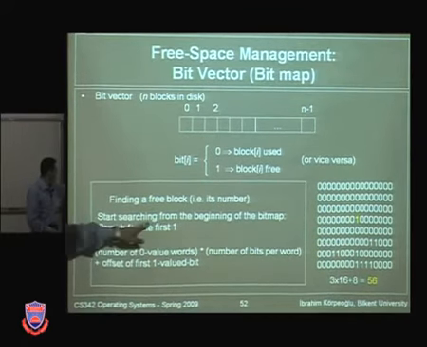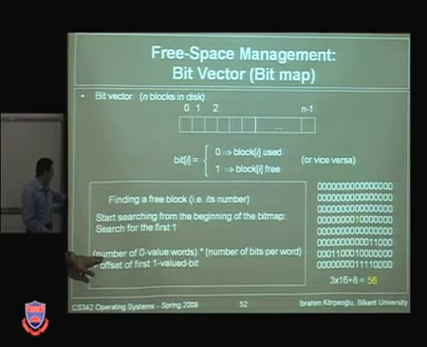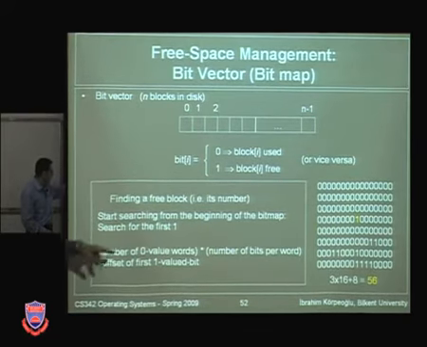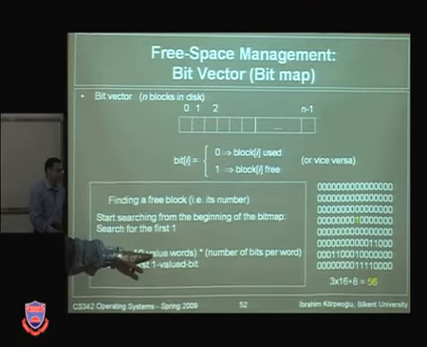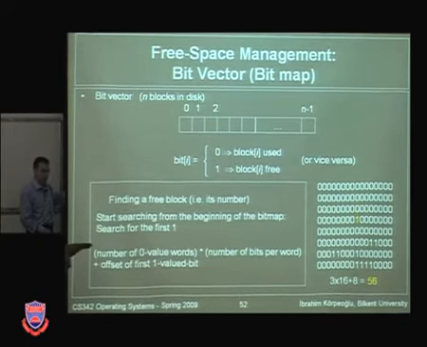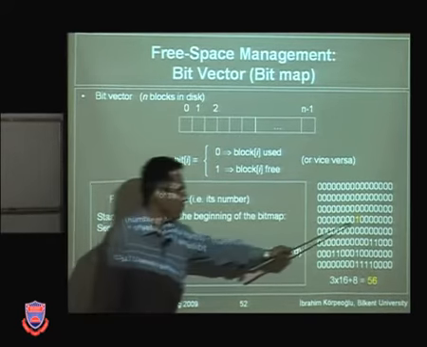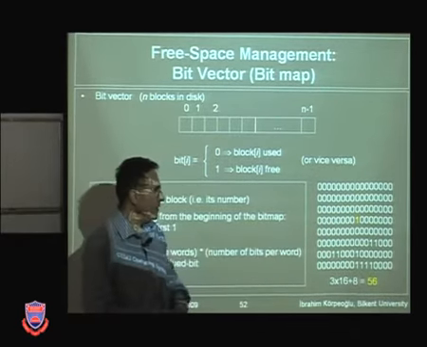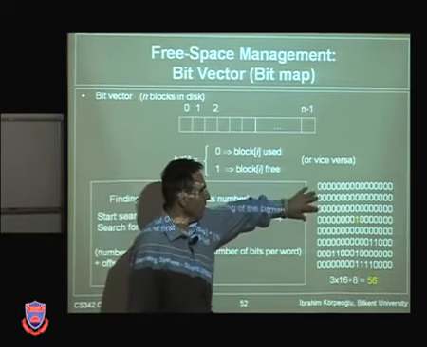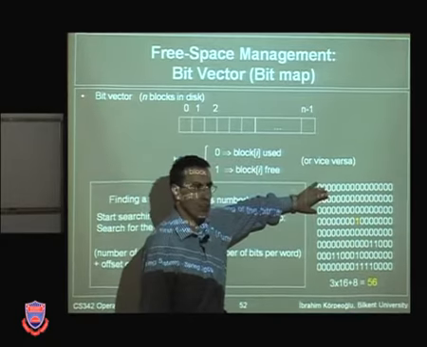So we start searching from the beginning of the bitmap for the first 1. You skip the 0-valued words until you hit a word that is non-zero. Then the offset of that 1 in that word has to be added to the word length multiplied by the number of words skipped.